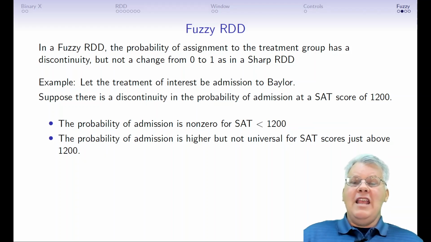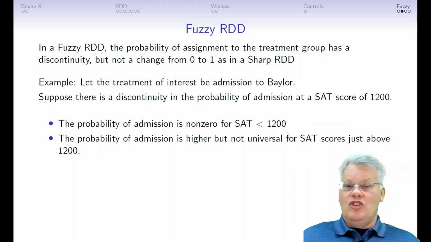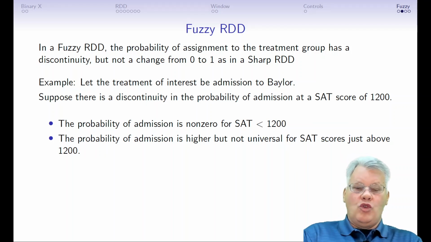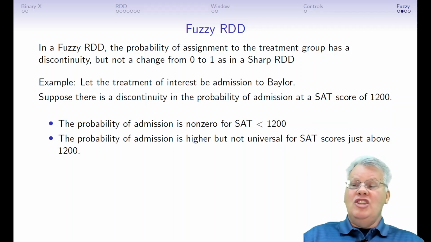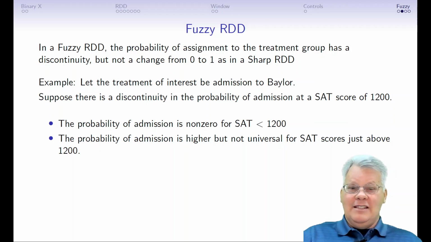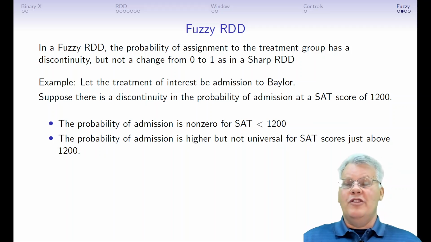So what we would say is that there are some students who are admitted to Baylor with an SAT score of less than 1200, but once the 1200 threshold is crossed, the probability of being admitted to Baylor goes fairly sharply up. It's still not universal, but there is a big jump in the probability of being admitted to Baylor as the SAT score crosses from just under 1200 to just over 1200.